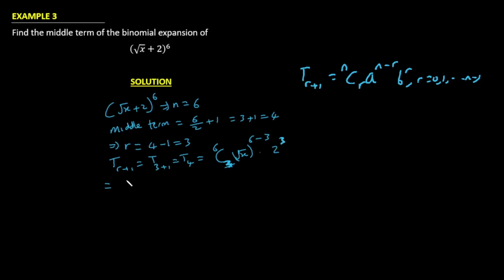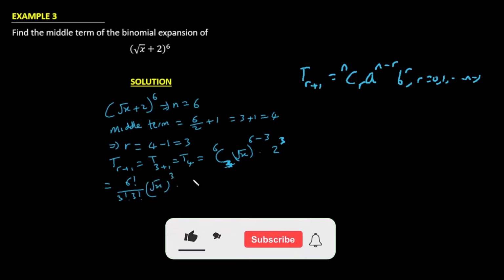Then we are going to be left with 6 factorial over 3 factorial times 3 factorial, which is 6 combination 3, and this is root of x to the power of 6 minus 3, which is 3, and 2 to the power of 3, which is 8.